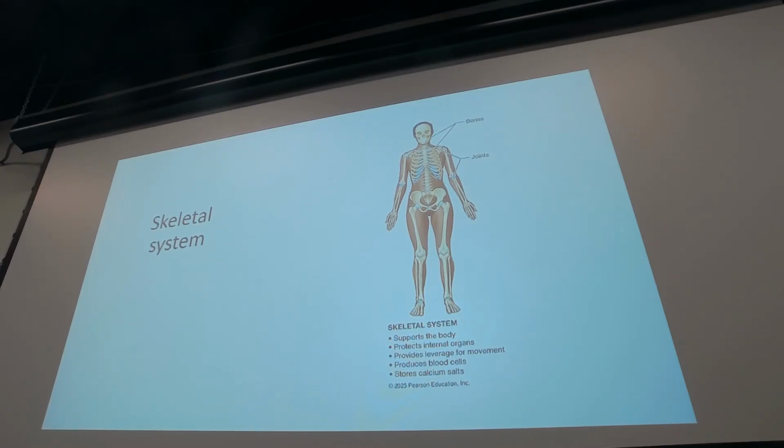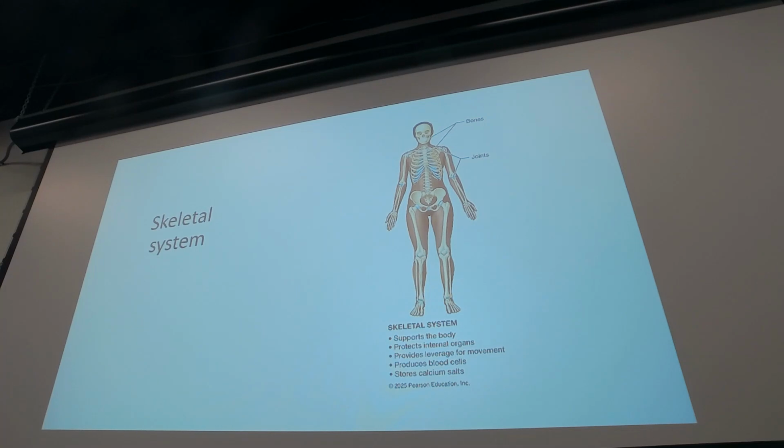It protects internal organs. All the bones in our skull protect the brain. The vertebrae protect our spinal cord. It forms a storage structure for calcium and also for phosphate and magnesium.